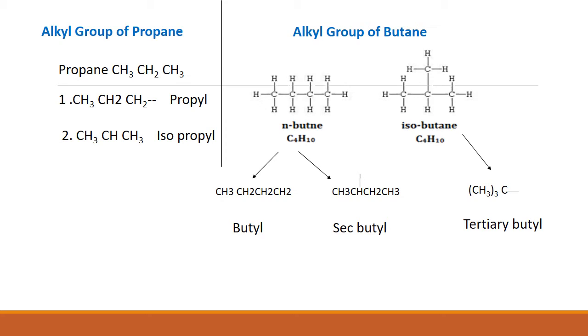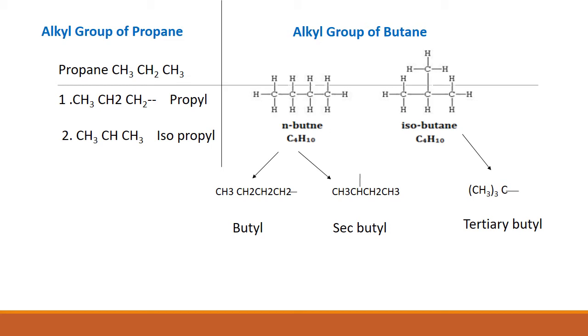Alkyl groups of butane: in the same way we can derive the nature of the alkyl group. Butane has 4 carbon atoms with hydrogen atoms around each carbon, and H may be removed from n-butane, where the chain is straight, all the carbons are in a straight chain. It will give two alkyl groups.